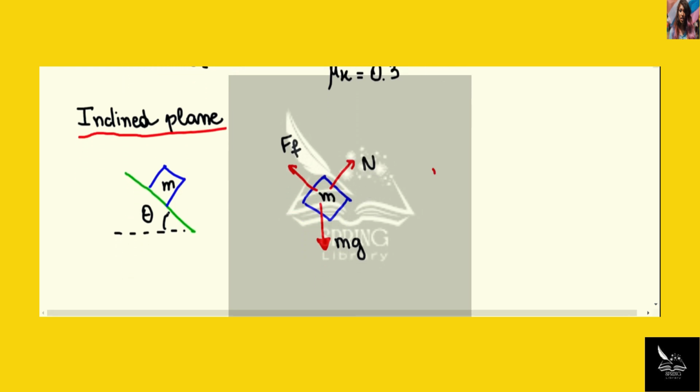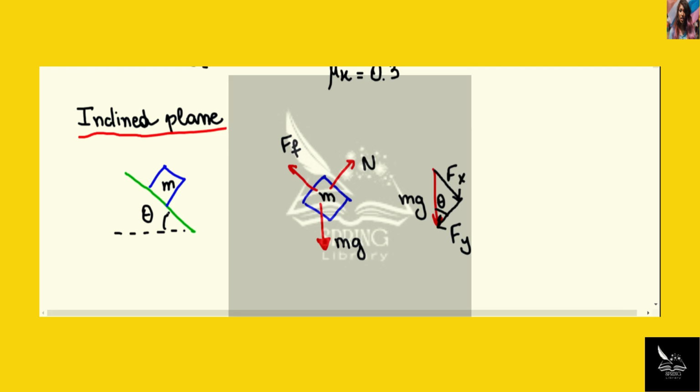Now, the gravitational force, mg, can be decomposed into a component that is perpendicular to the plane and a component that is parallel to the plane. So this here is theta, this is mg, and we have fy and fx.